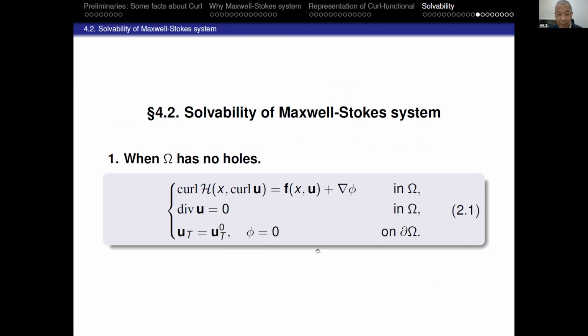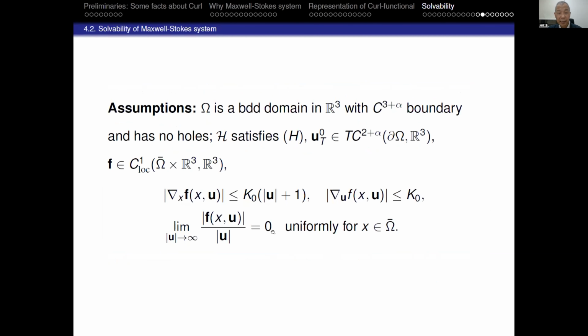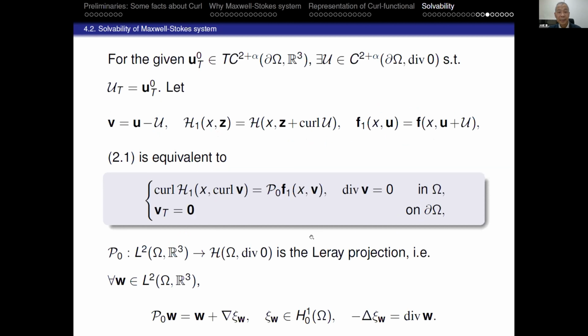And then, okay, some reasonable condition on F. So you consider some extension of boundary data, and you subtract this extension, and you have a new vector field V, and V satisfies the homogeneous boundary condition.